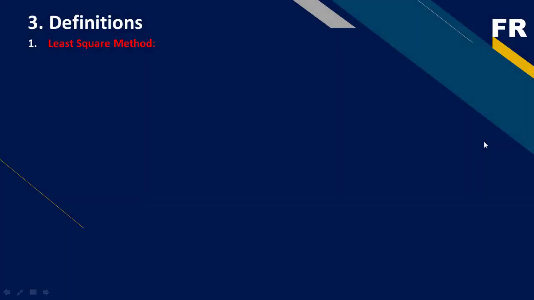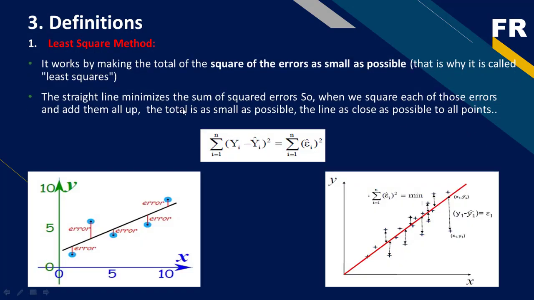Now we'll see some definitions which are very useful in the derivation of the lines of regression. First is the least square method. It works by making the total of the squares of the errors as small as possible. That's why it's called least square. In this graph, the x axis is there, the y axis is there, and different points are there. So we are interested to calculate the best fit line.